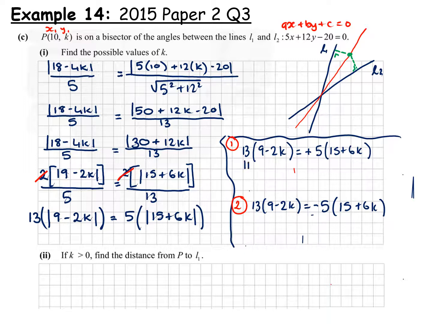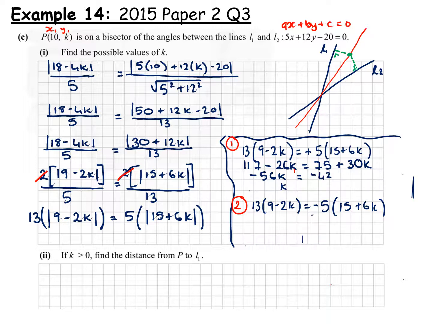So that's 117 minus 26k equals 575 plus 30k minus 56k equals 75 minus 117, which gives us minus 42.